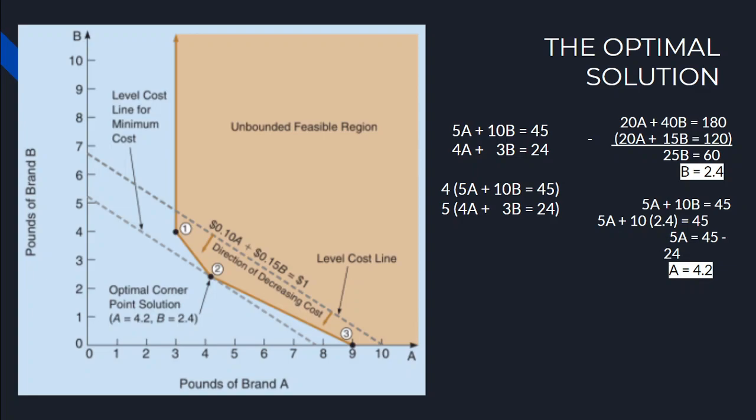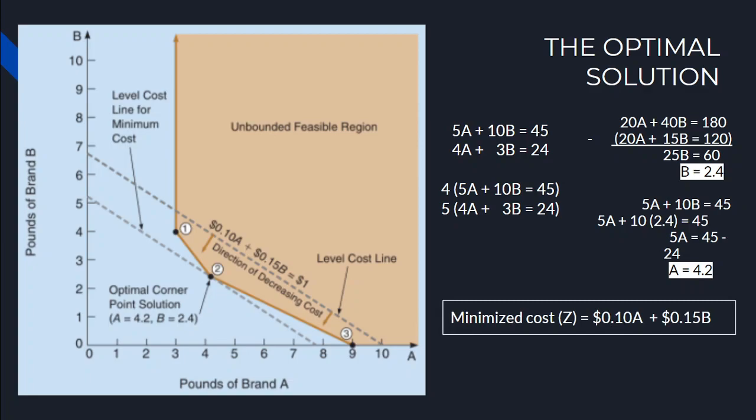Okay, so with this, magkano nga ba ang ating magiging minimized cost per turkey? So babalikan natin ngayon yung ating formula kanina for our goal, for our objective. And that is, our minimized cost is equals to 0.10 or 10 cents A plus 15 cents B. Okay, so yung 10 cents at saka yung 15 cents, yun yung per pound cost ng bawat isang brand.